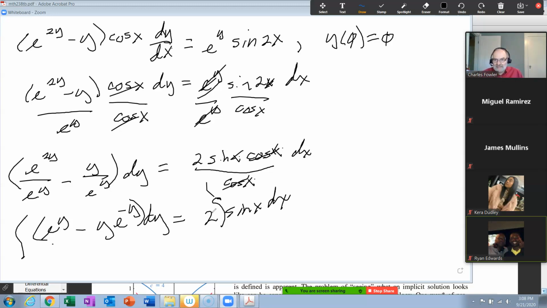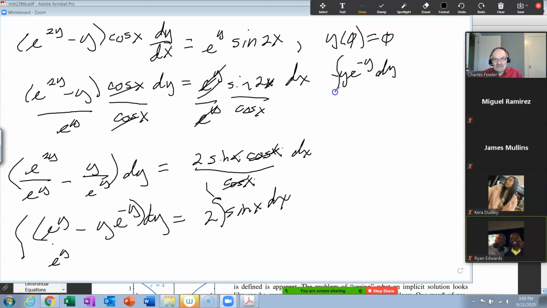Okay, now I can integrate the e to the y. That is e to the y. If I can find my pen, there it is. E to the y. Now this one's, oh, I'm so sorry. It's going to need an integration by parts. So let's go up to the top and do that one. Minus y e to the minus y dy.